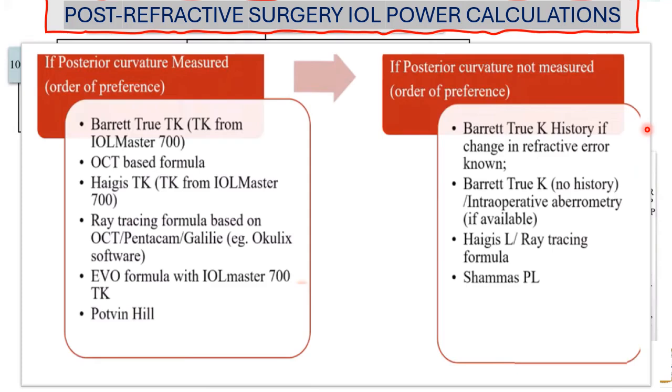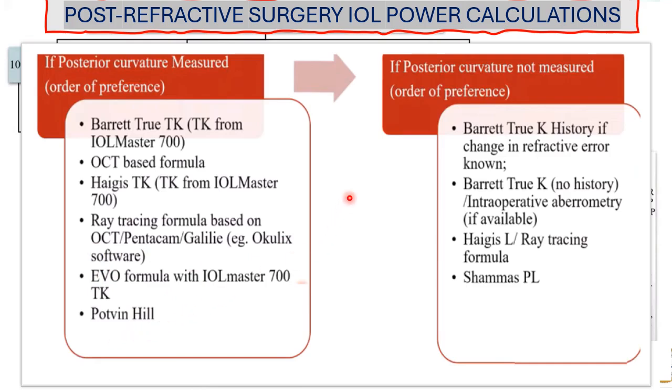So broadly, if you can measure the posterior curvature of the cornea, you can use the Barrett True K TK formula, or the OCT-based formula, or the Haigis TK formula, and the ray tracing formula using the OCT or Pentacam, or the EVO formula, or the Wang-Koch formula.